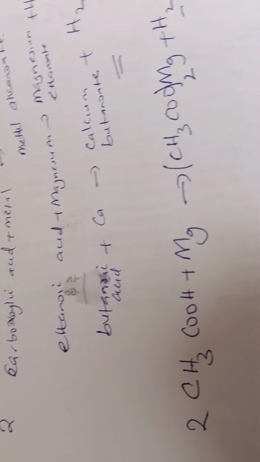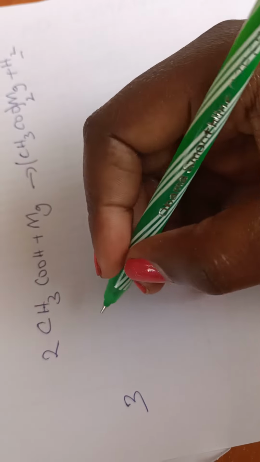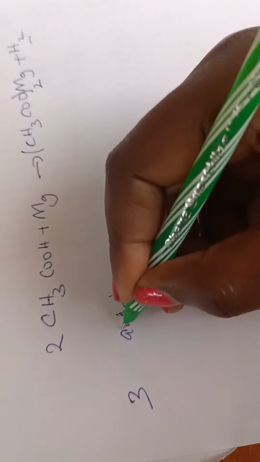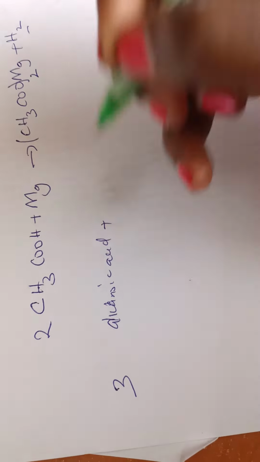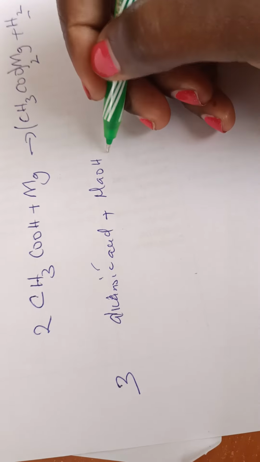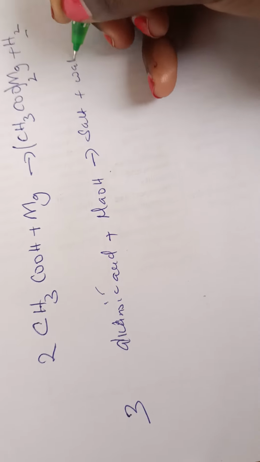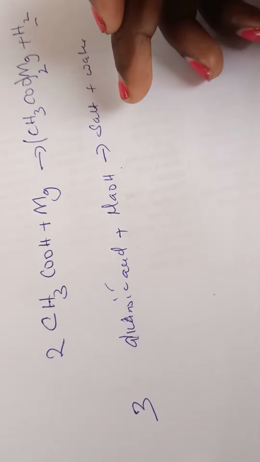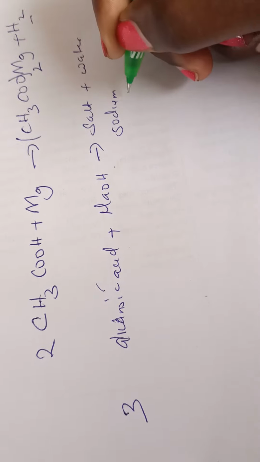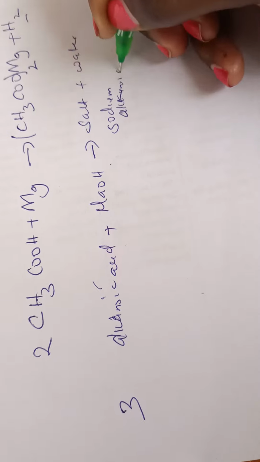The third reaction, number 3, is the reaction between alkanoic acid plus sodium hydroxide. You have seen this is an acid and sodium hydroxide. We get salt plus water. A reaction we call neutralization. The name of the salt comes from the metal in the base, that is sodium alkanoate, plus water.